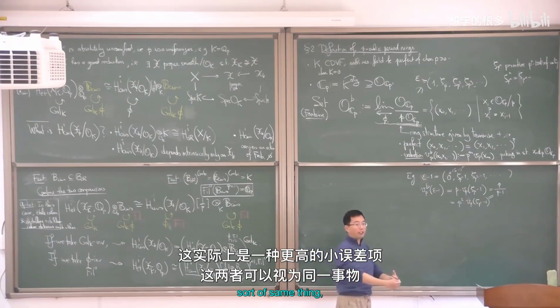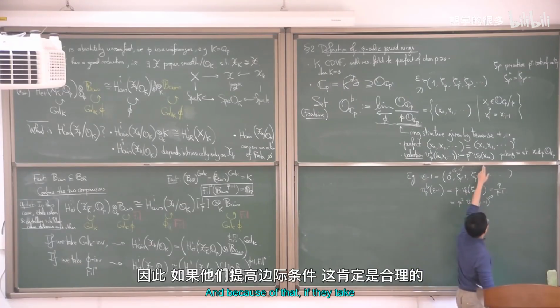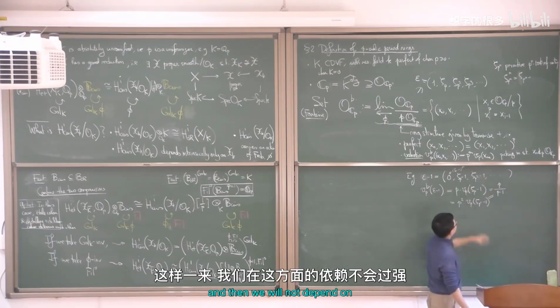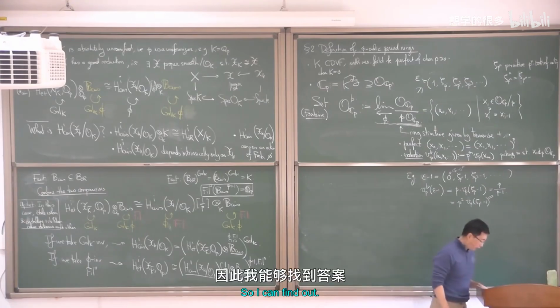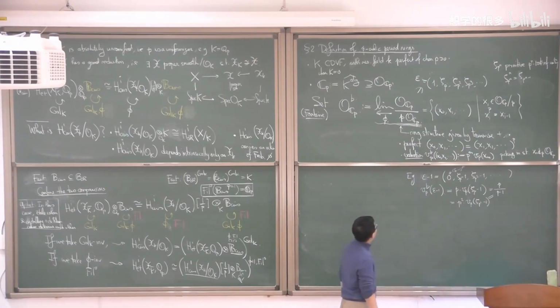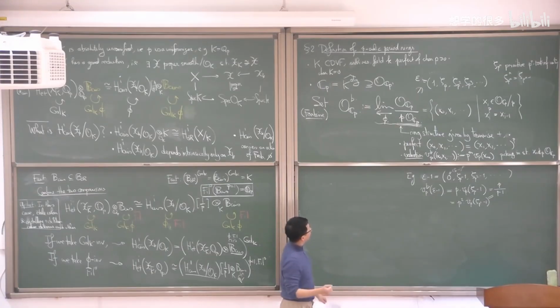These two are sort of the same thing. Therefore they must have the same valuation. And because of that, this definitely makes sense and will not depend on the choice of argument. So I can define the valuation of this ring. So this inverse limit is a perfect valuation ring.